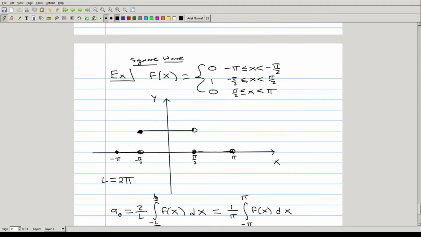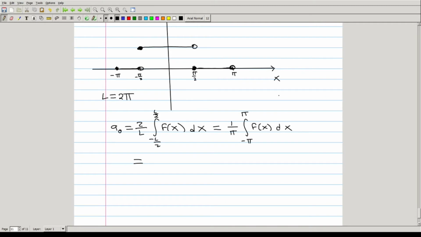And the function f of x is 0, except on the interval from negative pi over 2 to positive pi over 2. This will be 1 over pi times the integral from negative pi over 2 to positive pi over 2 of 1 dx, which is just equal to 1 over pi times x from negative pi over 2 to pi over 2, which is equal to 1.